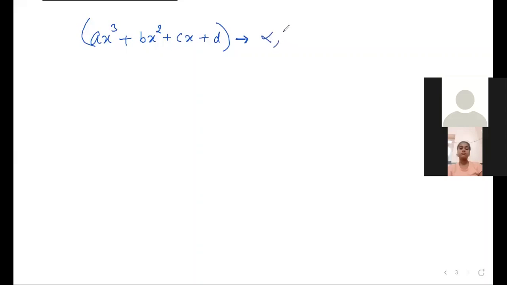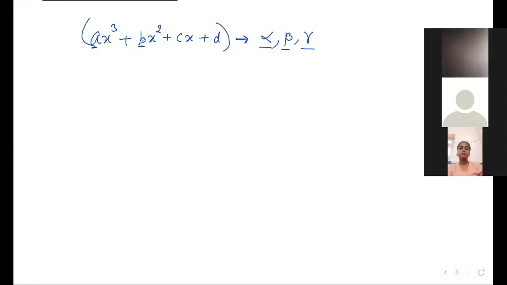One we will name as alpha, second we name as beta, and the third we name as gamma. So it is alpha, beta and gamma. A here is the coefficient of x cubed, B is the coefficient of x squared, C is the coefficient of x, and D is the constant.